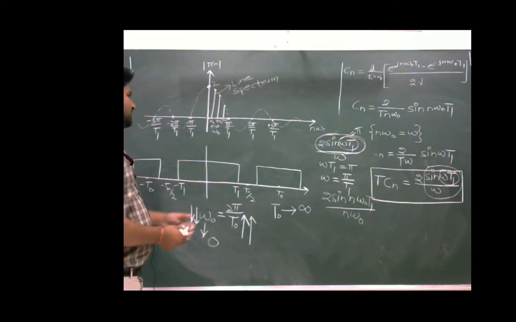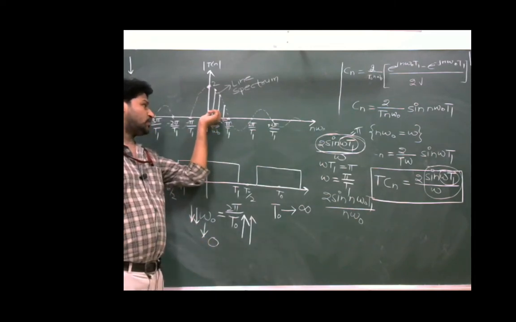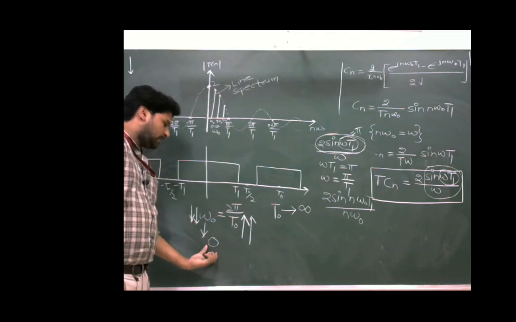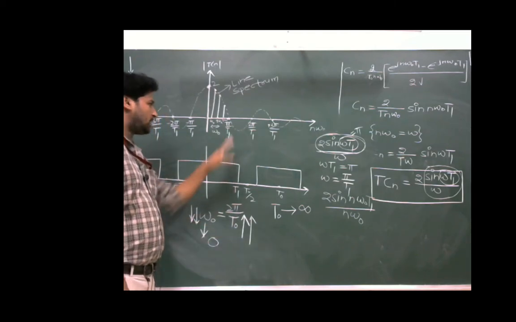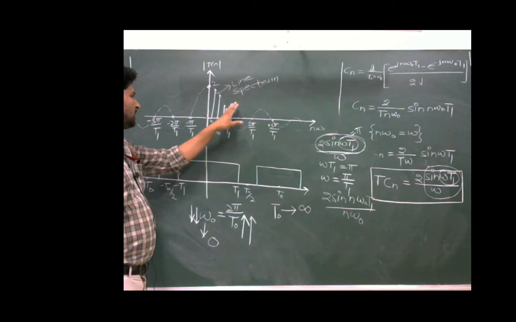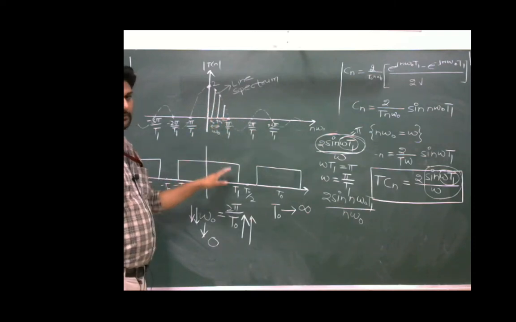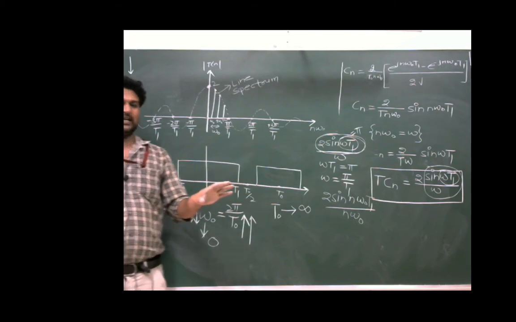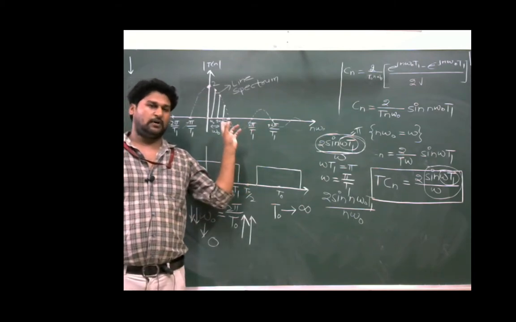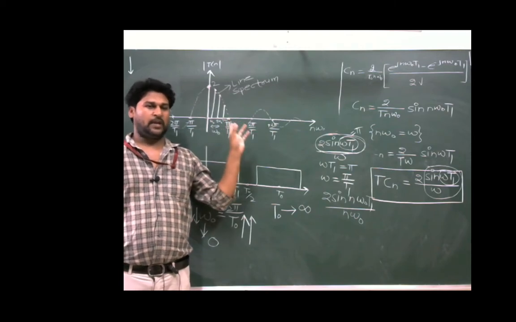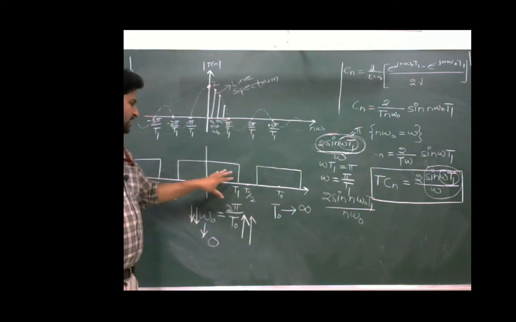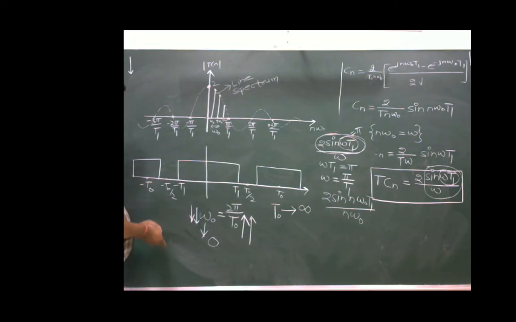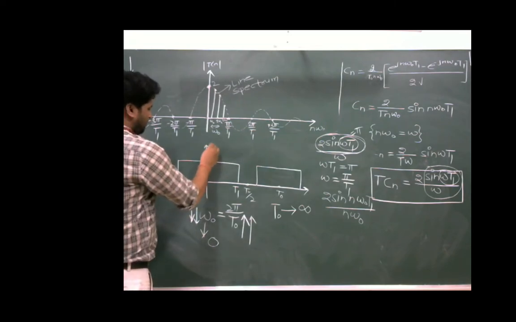Separation between these lines will tend to 0, so there will be no separation between the lines of the line spectrum. It means this line spectrum will be converted into a continuous spectrum.